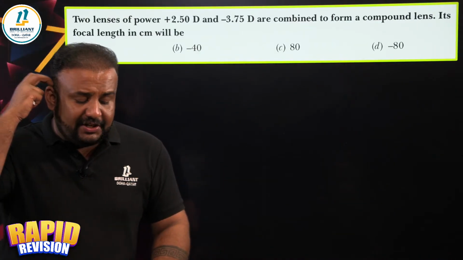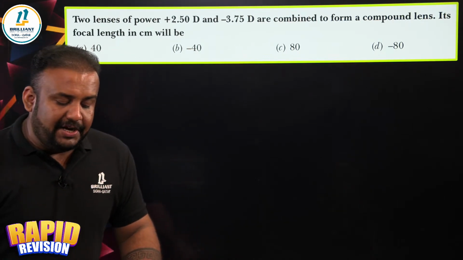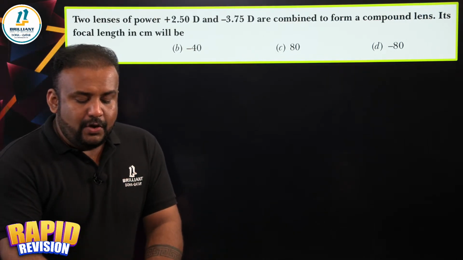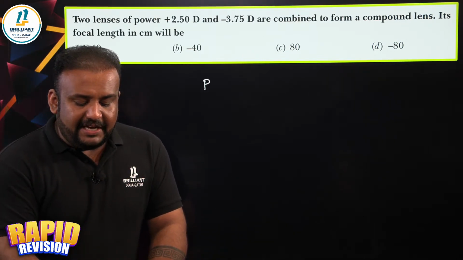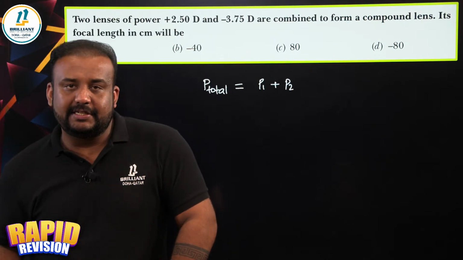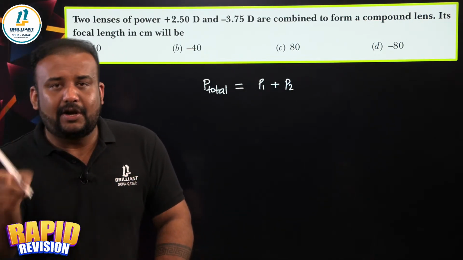Next question. Two lenses of power plus 2.5 and minus 3.75 are combined to form a compound lens. Its focal length in centimeter will be. You know that in a combination of lenses, we can get the total power by adding the powers of the individual lenses, right? Powers are additive, but focal lengths are not.